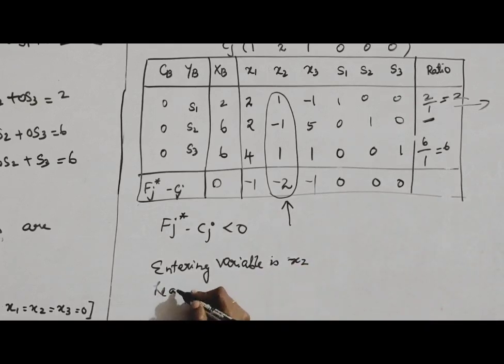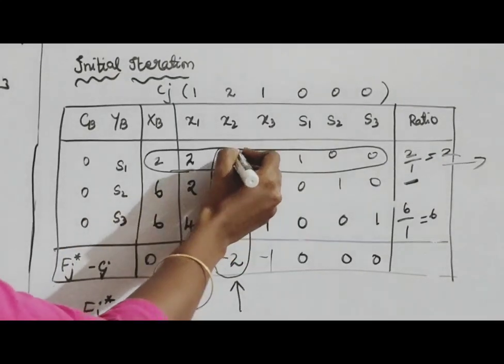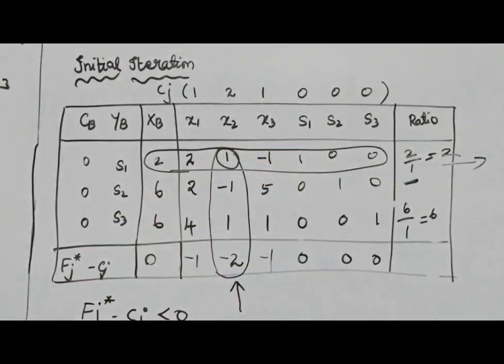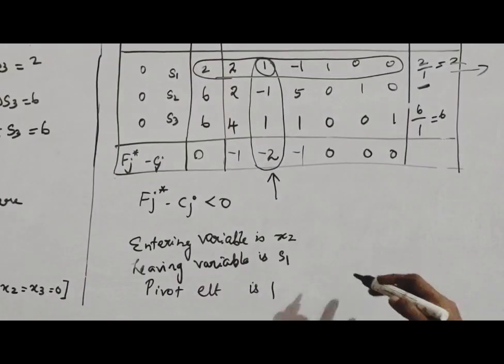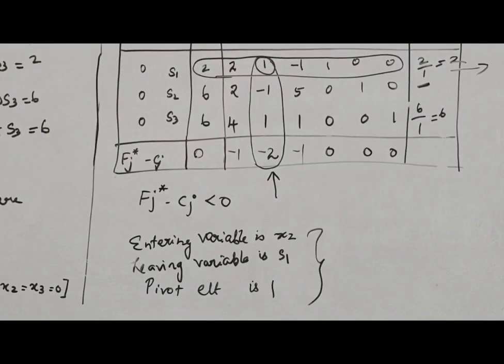The leaving variable is S1. You have to encircle that. Hence, the pivot element is 1. By using these three values, we have to find the first iteration table.